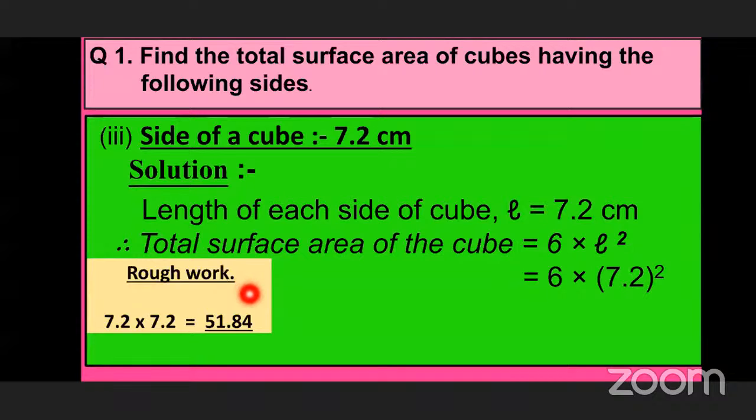The answer is 51.84. Now also, children, for 5184, as the numbers have a decimal point after two digits, whatever answer we are getting after multiplication, we are going to put the decimal point after two digits from the right hand side.